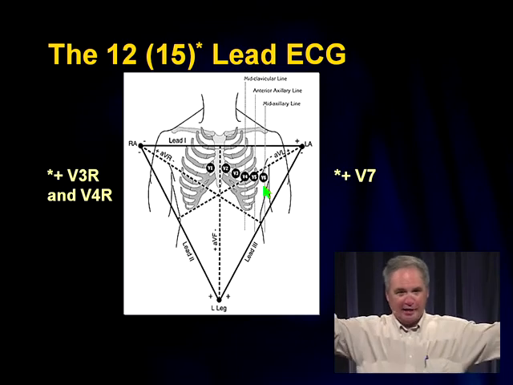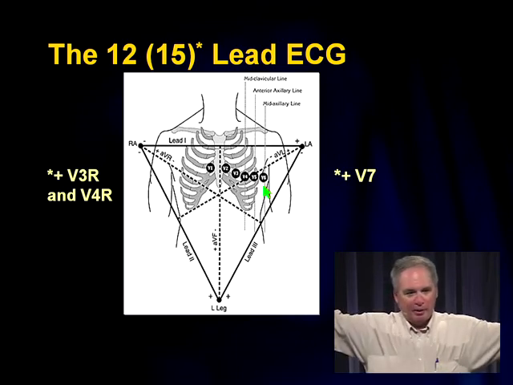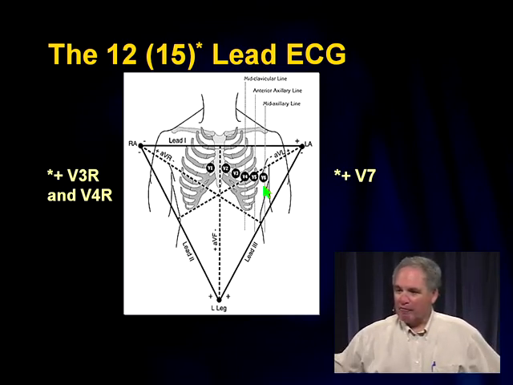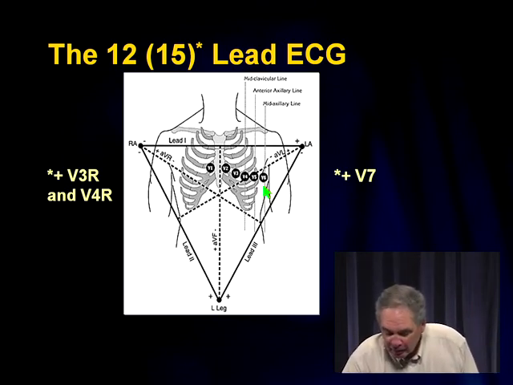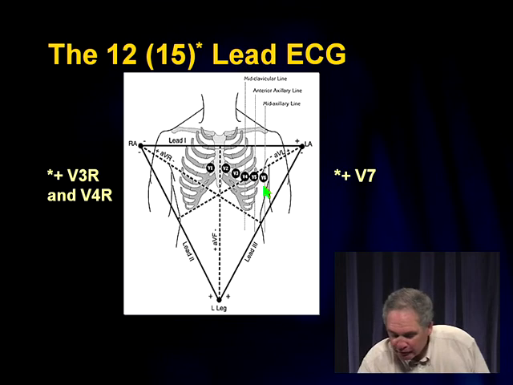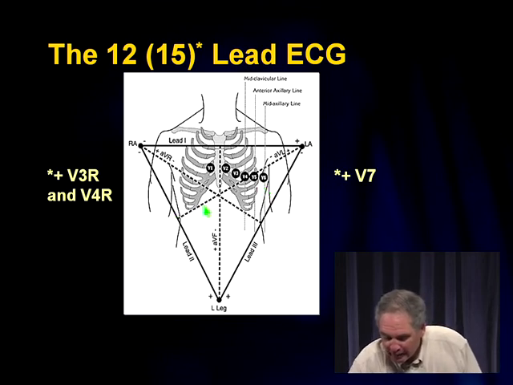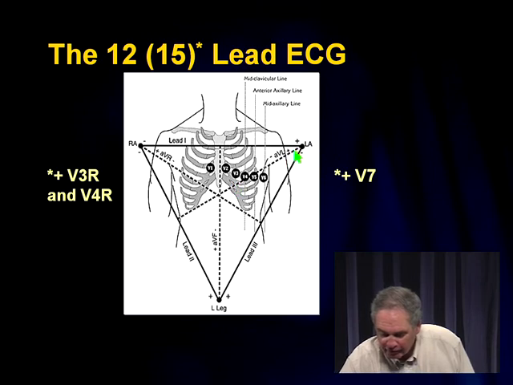So we have our standard leads in the frontal plane, 1, 2, and 3, and then we have our chest leads, V1 through V6. There's a couple of other little leads here that I've constructed for your entertainment, and they are AVL in the frontal plane. This gives us a perfect view of electrical activity to the left arm.